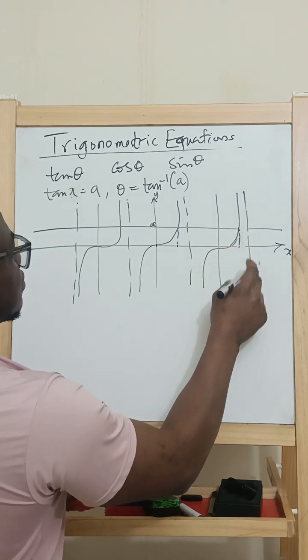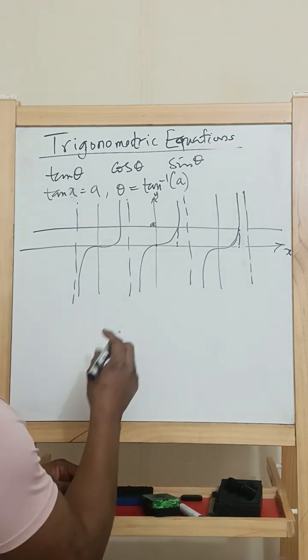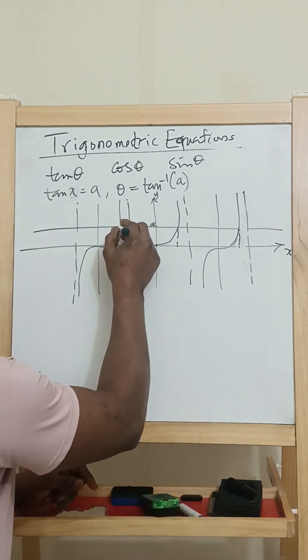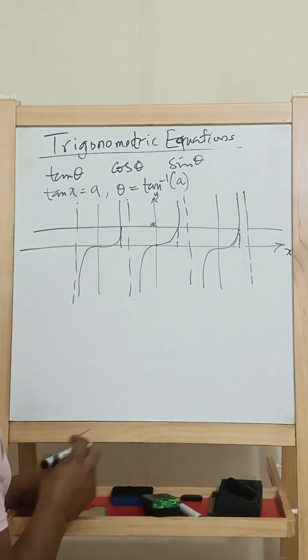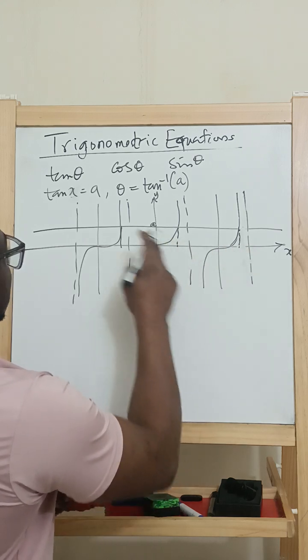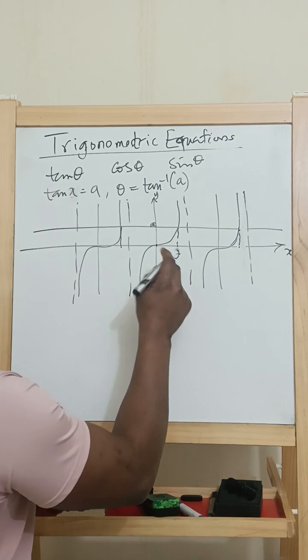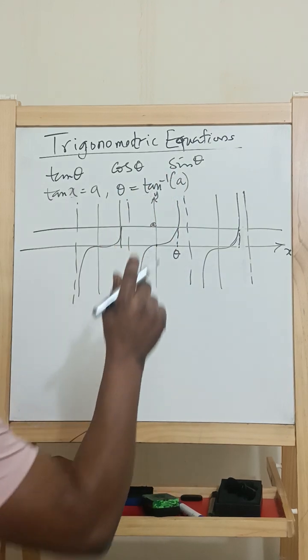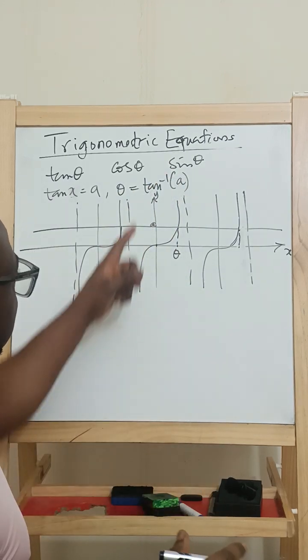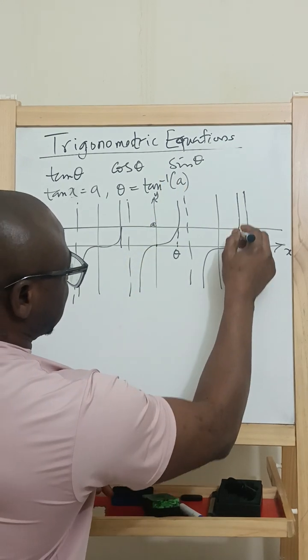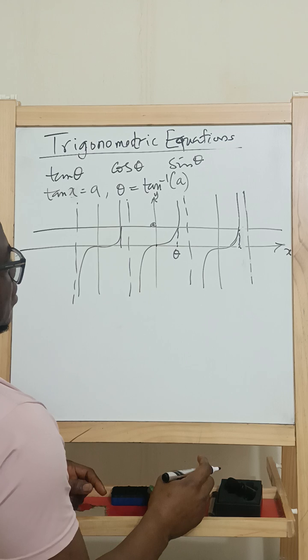When you extend this to infinity, they all meet at infinity. Then it cuts at this point. You see all these points here? That's the value of theta at this point. That is the first, or the smallest, angle that we get here. The other values of theta are obtained at these points, right?